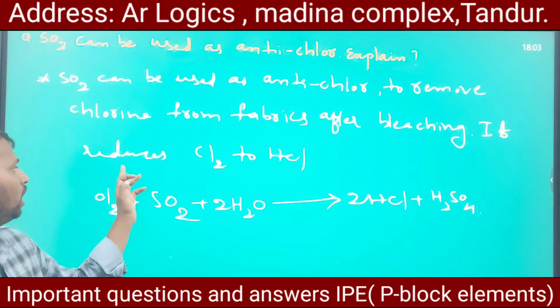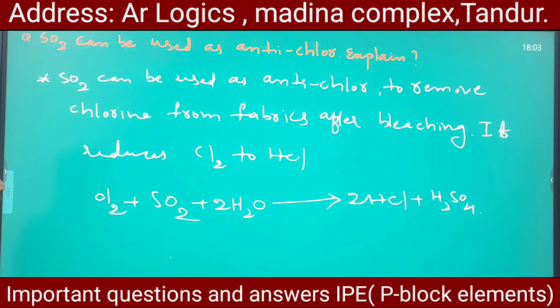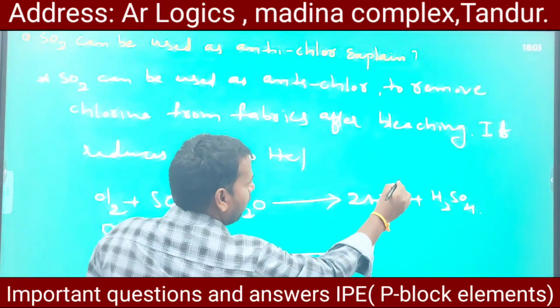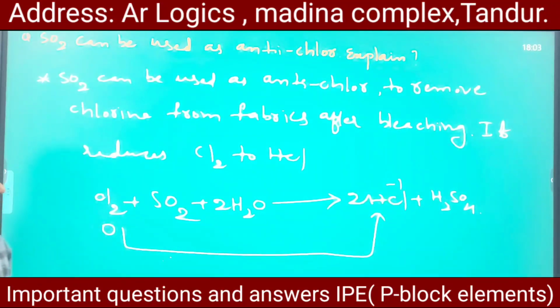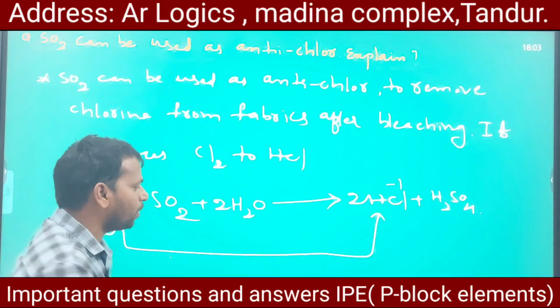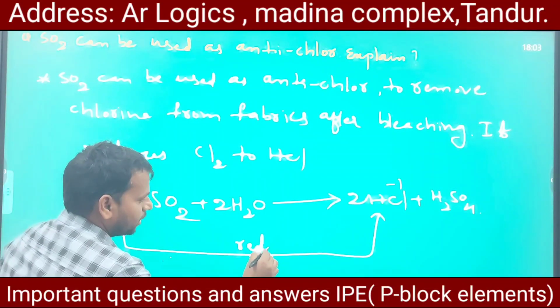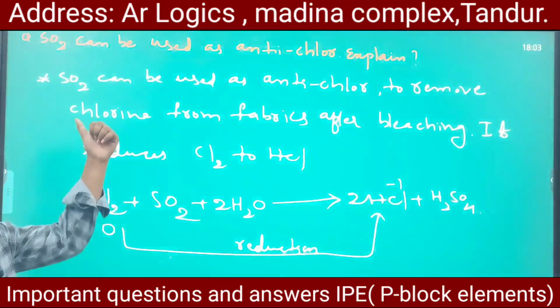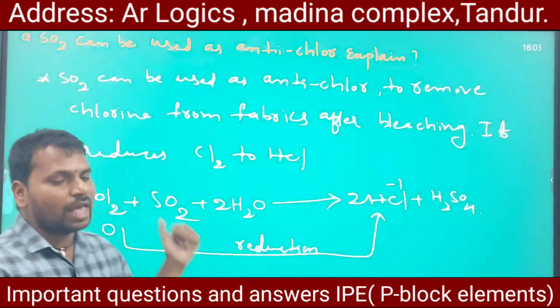What does reducing Cl2 to HCl mean? The oxidation state of chlorine in Cl2 is 0, and in HCl chlorine is -1. The oxidation number decreases, so chlorine participates in a reduction. Due to this, SO2 can be used as an anti-chlor.